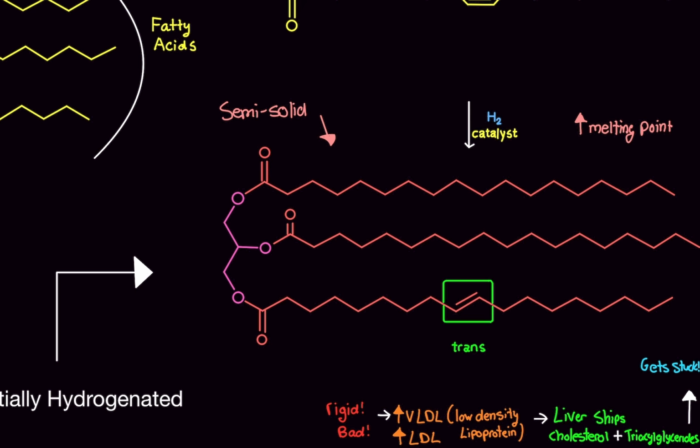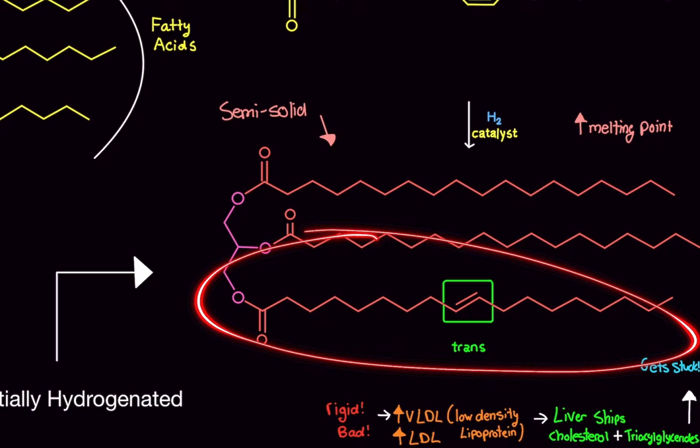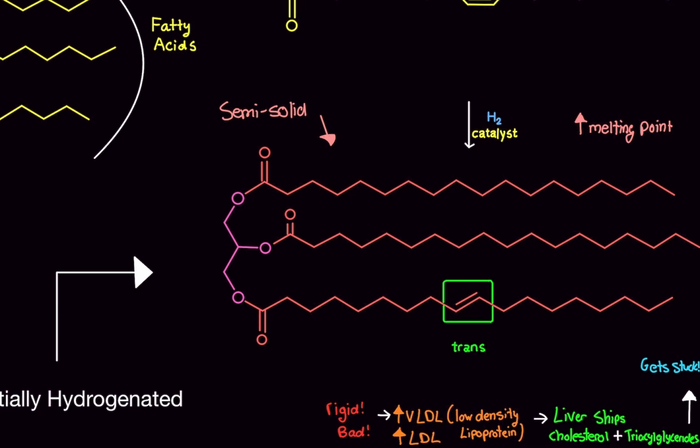The reason you would have more LDLs is because trans fats upregulate the production of VLDL. If it upregulates very low density lipoproteins, it's going to upregulate low density lipoproteins because it's the same thing. It just gets transformed. LDL is just the form when it's in your blood circulation, so it's going to be the same amount.